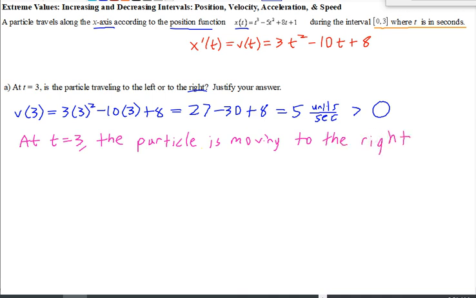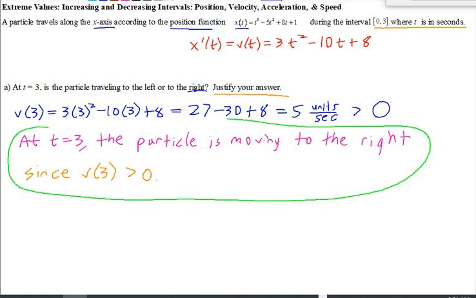And your justification would be since v of 3 is greater than 0. Or if this was the y-axis, this would mean it was moving up, since we have a positive velocity.